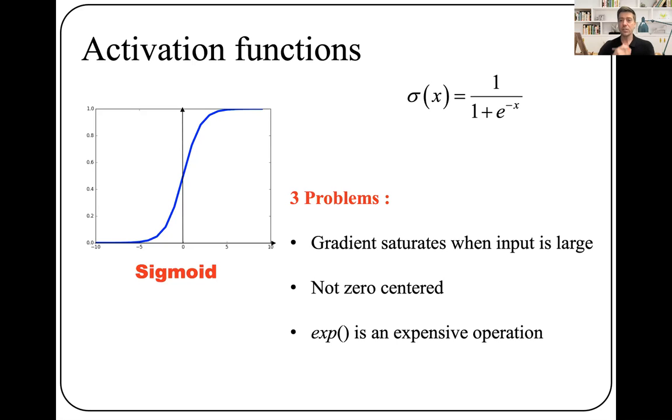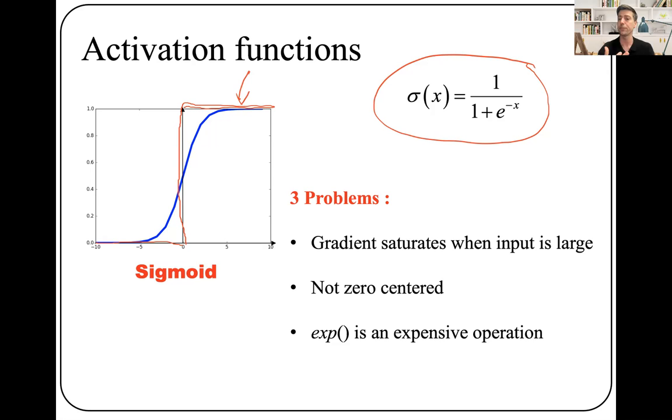The activation function that we saw for logistic regression is the sigmoid. You can see the sigmoid here, and this is its definition. That was actually the very first activation function that was proposed, because it is a soft version of the threshold function, which is used at the core of the perceptron.